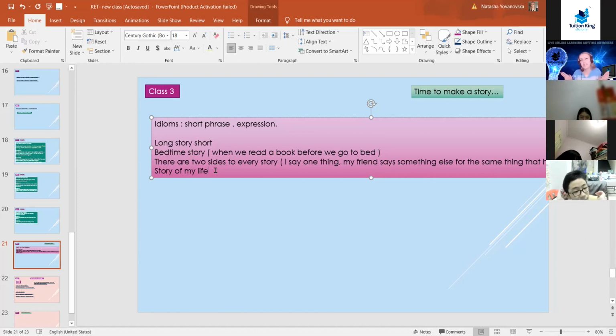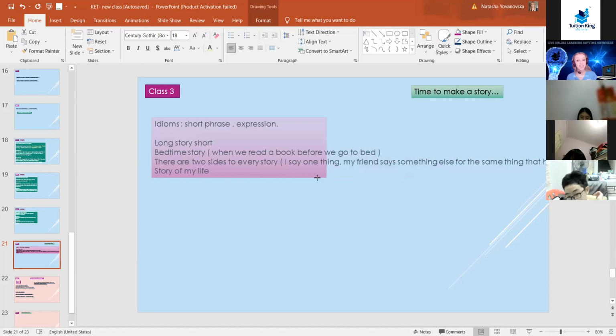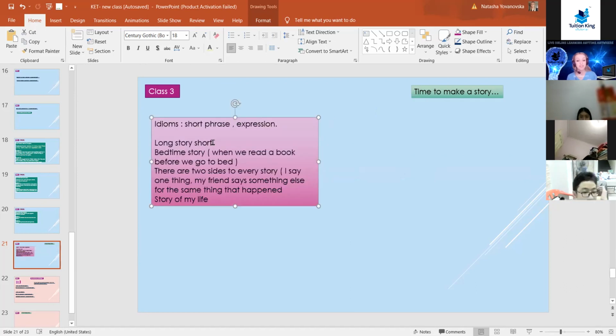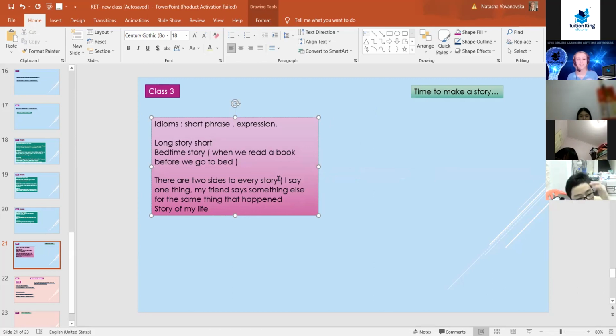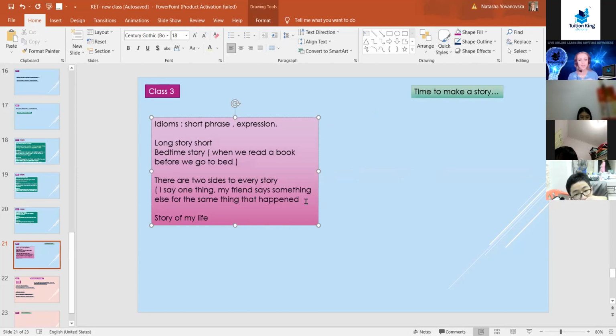Instead of saying, oh, I just need to pack and move there and there and there, I can just say, traveling is the story of my life, which means I've been traveling quite a lot. Do we understand these idioms? They're very easy, very simple. Yes? Cool. Okay, if you haven't written them down, you can do that.